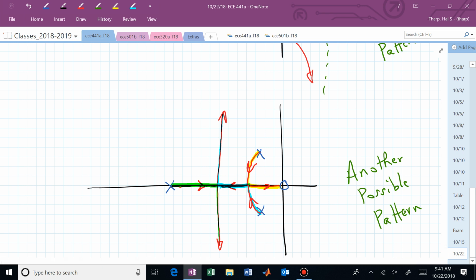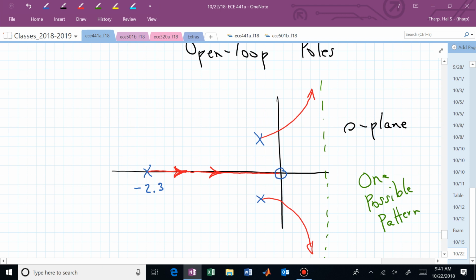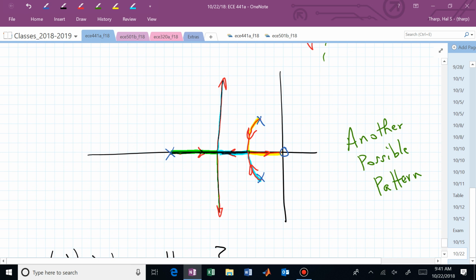Even though it looks like, oh my goodness, look how many arrowheads he has, there's only 3 branches in that root locus diagram. There's 3 poles, 3 branches. Similarly up here, it's pretty clear that we have 3 branches there. This one makes that question a little bit more interesting.